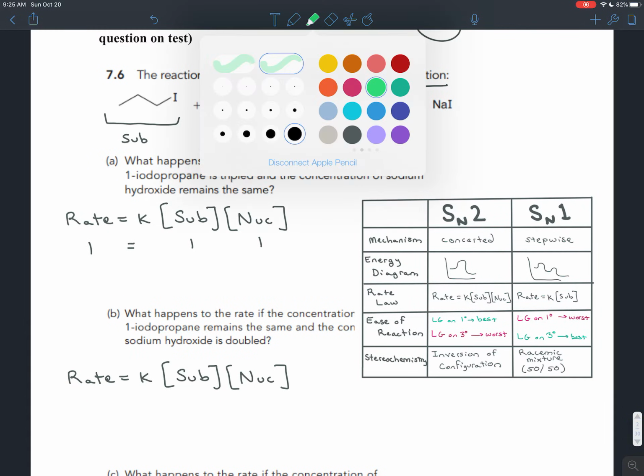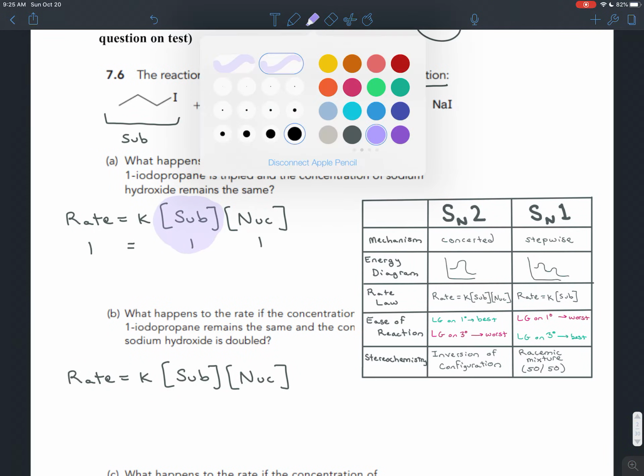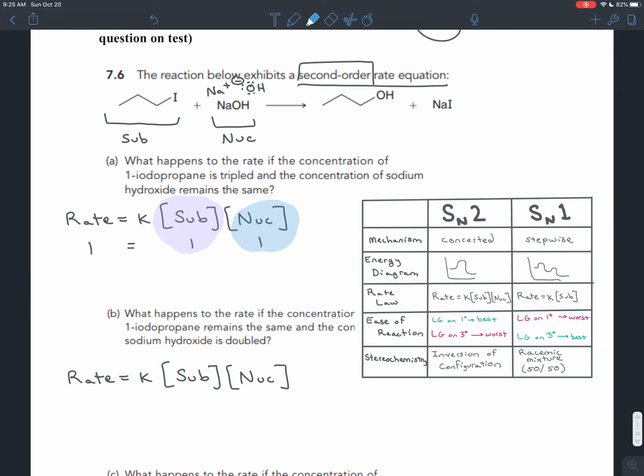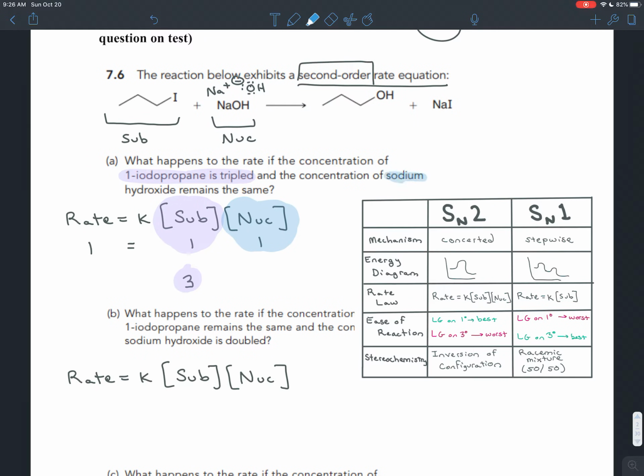Okay. So here they're asking what would happen, and let me just color code these so it's a little easier to follow. Substrate and nucleophile. So what happens if 1-iodopropane, and that's the substrate, is tripled? So now instead of 1, that would be 3. And the concentration of sodium hydroxide, that's our nucleophile, remains the same. So that stays as a 1.